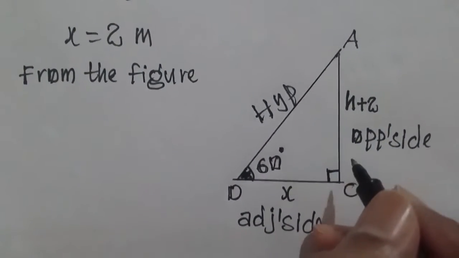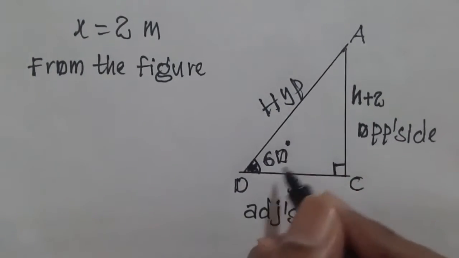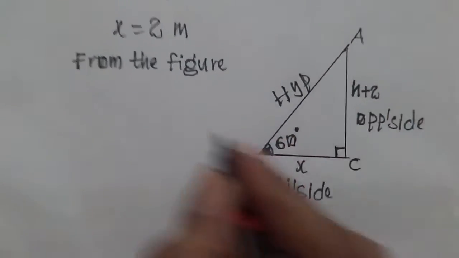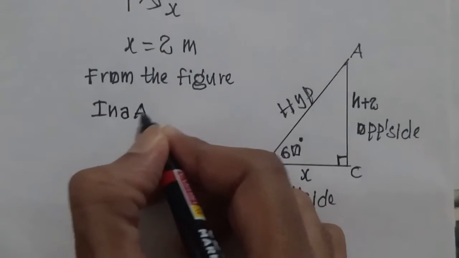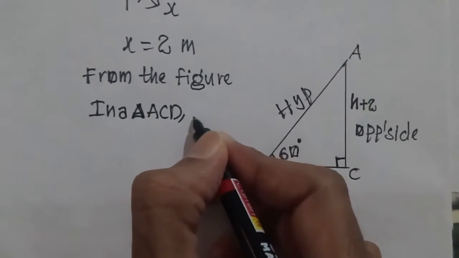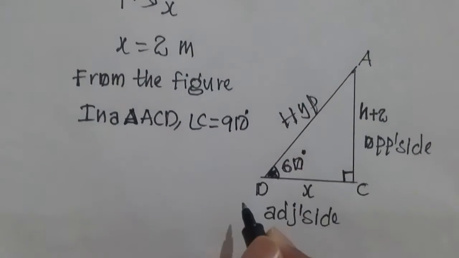Now we will take tan theta. Tan theta is equal to opposite side to theta by adjacent side to theta, where theta is equal to 60 degrees. From the figure, in triangle ACD, angle C is equal to 90 degrees.